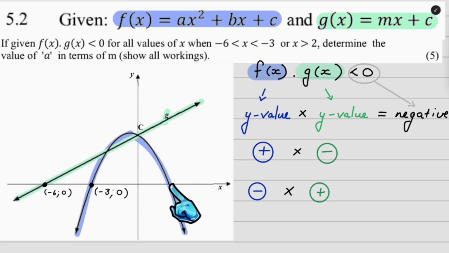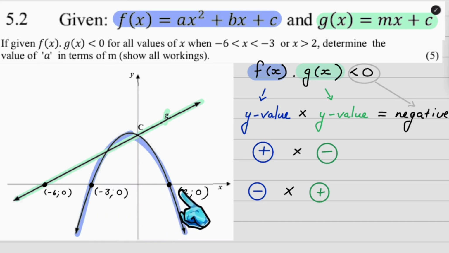So it starts working over there again, and they told us it starts working there again. So this point over here is 2 and 0. So all of this mumbo jumbo was a really difficult way of giving you these 3 points. Now we're going to use these 3 points to our advantage.